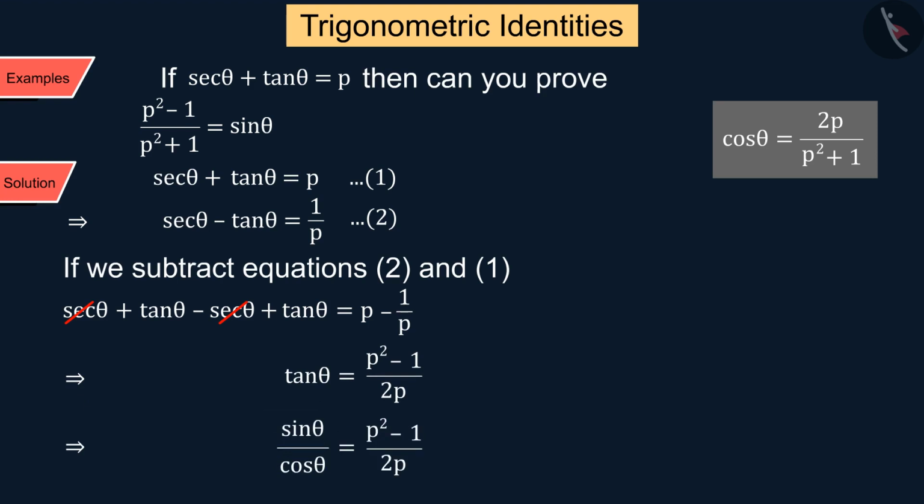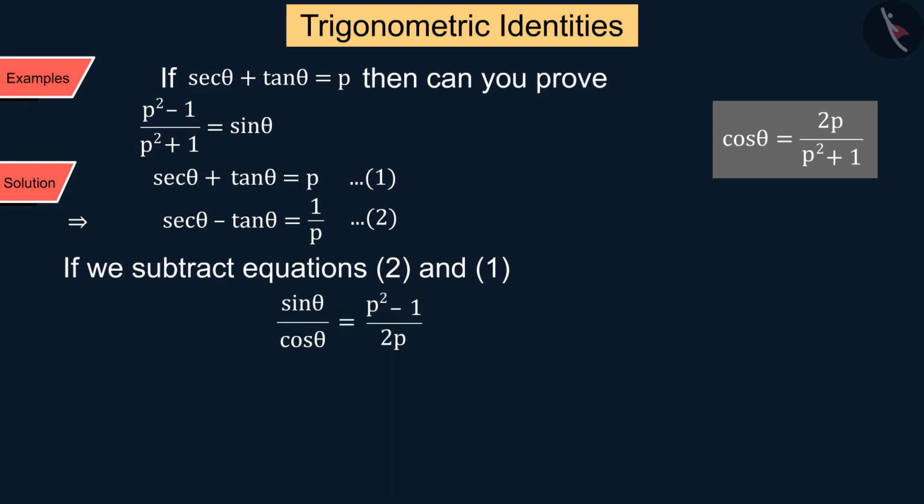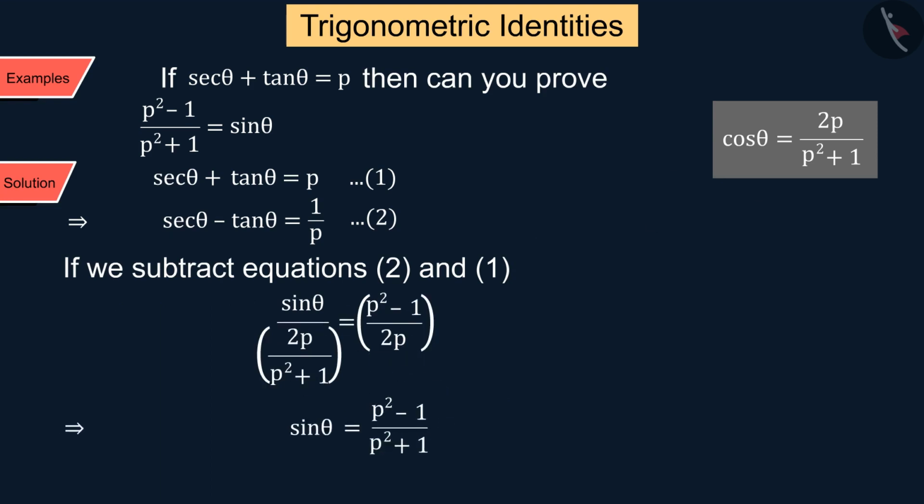After solving, put the value of cos theta. And see that on solving, we get the same value of sin theta that we were given in the question. Thus, we proved that both sides are equal.